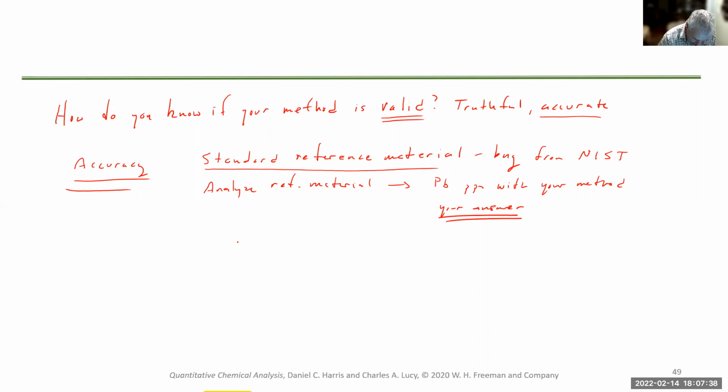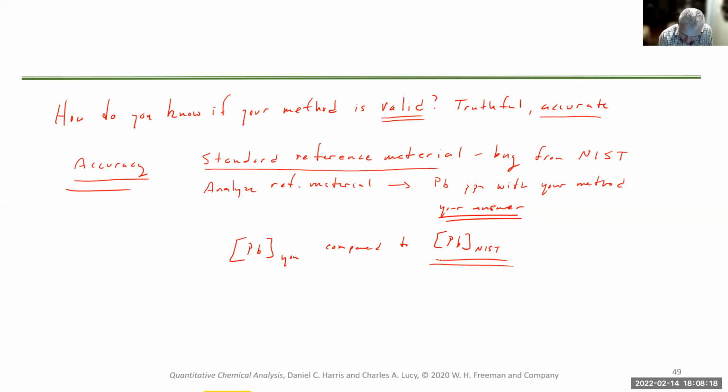So you get the Pb according to you, and then you can compare that to the lead according to NIST, and you can do this because the standard reference is known as accurately and precisely as we, as human beings, can know it, right?